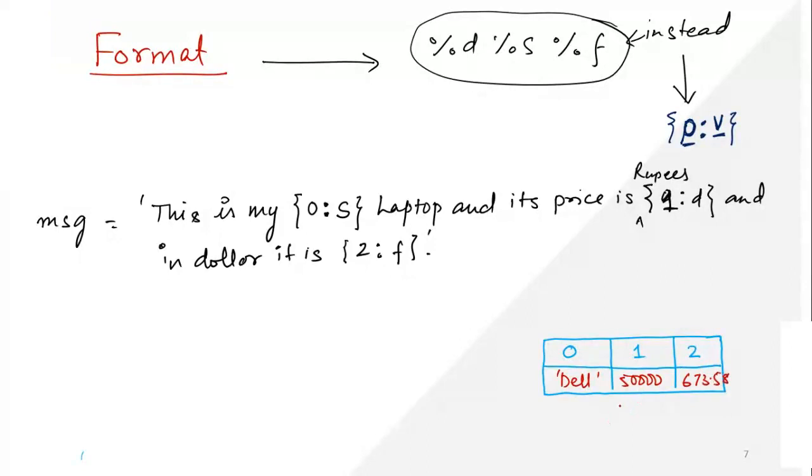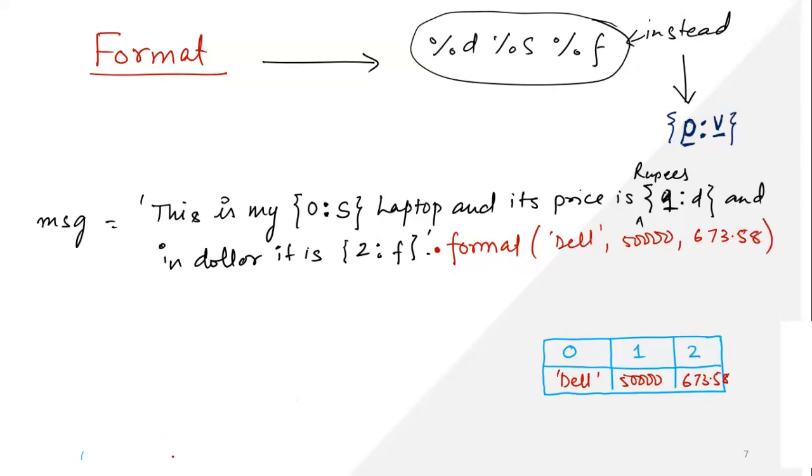So how am I going to specify? I have to use dot format, and after this I will specify my variables: Dell, 50,000 and 673.58.